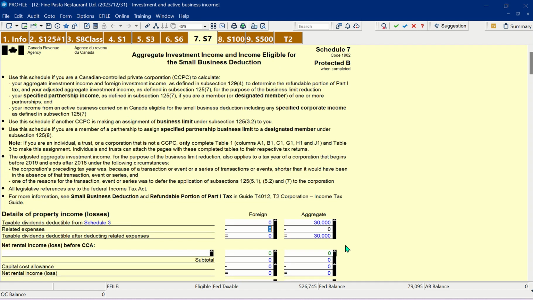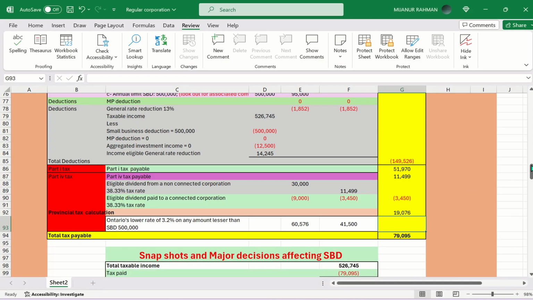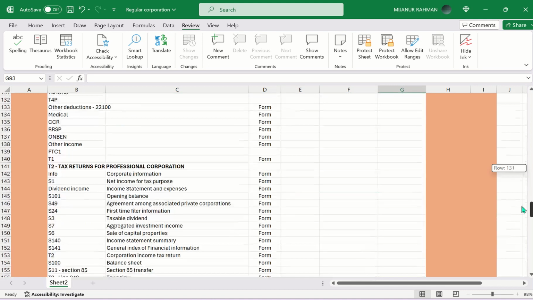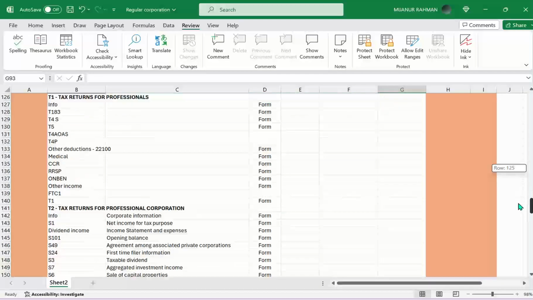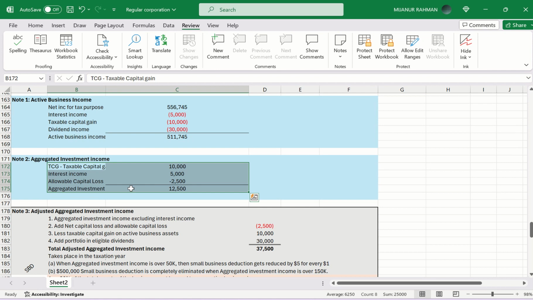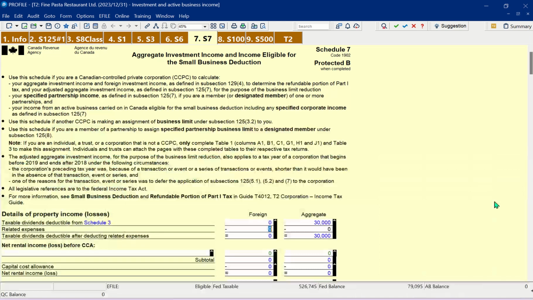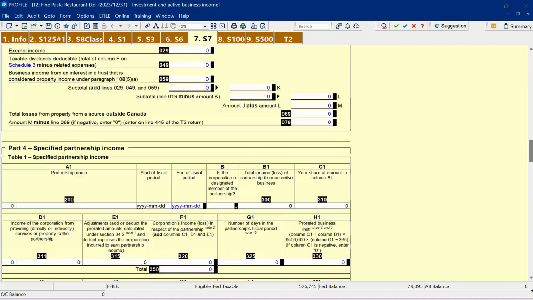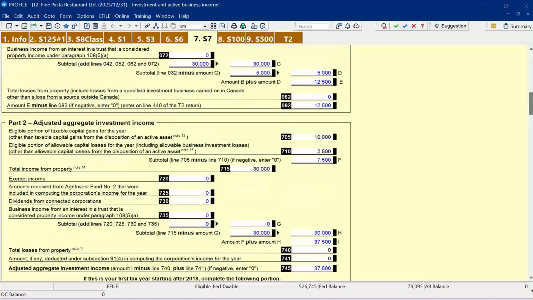Again, I apologize. The aggregated investment income. Okay, that is just, we showed this to you earlier over here. I showed it to you over here. This amount, how this is calculated. That's Schedule 7. And then this is right over here. Okay.